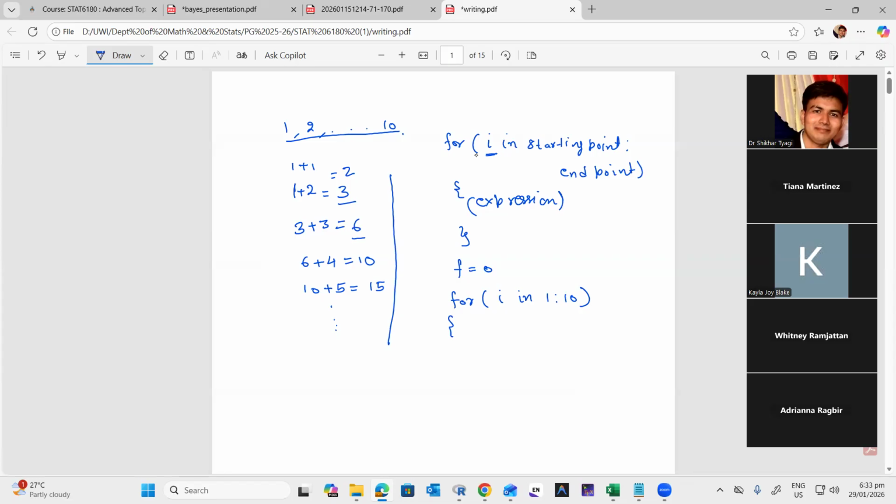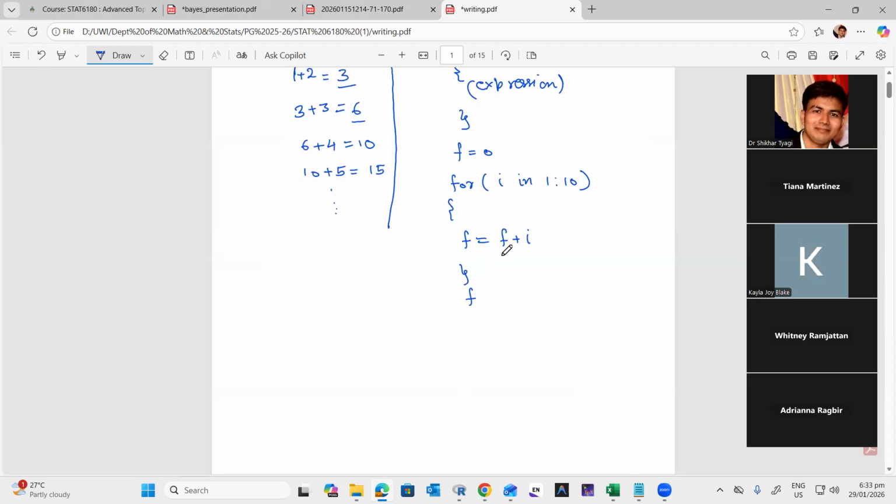Now I need to introduce f here: f equals f plus i. All right, and then I close it and I call f. You can try this on your own laptop. So how will it work?